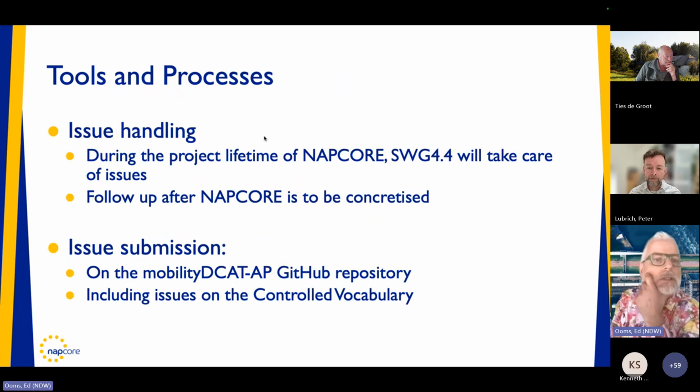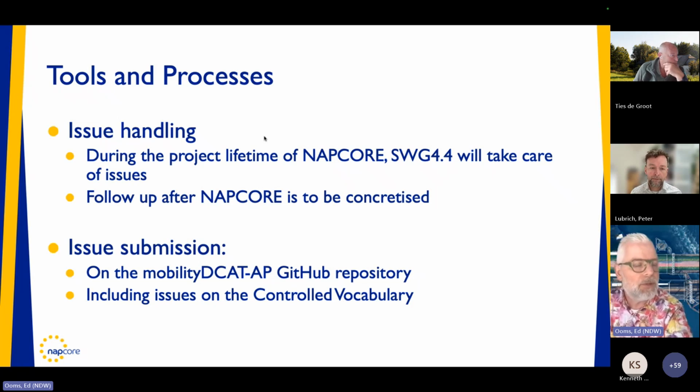About issue handling: during the project lifetime of NAPCORE and until the end of the year, and then I think there will be a NAPCORE X next to it, our sub-working group will take care of other issues. So in May, if there are any issues on the mobilityDCAT-AP, the sub-working group which developed the mobilityDCAT-AP will take care of the issues which are there.